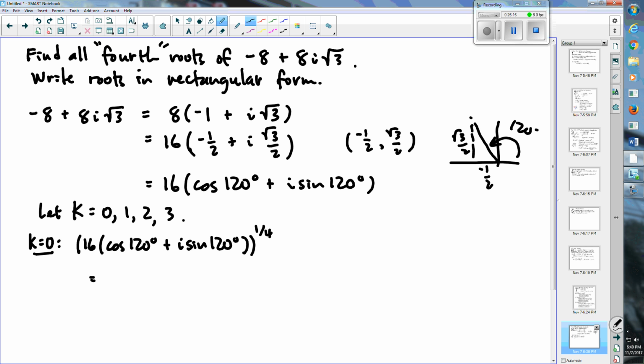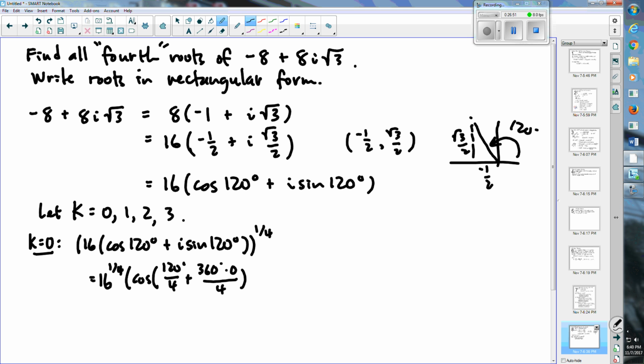Let's write this first as 16 to the 1/4 power, which is 2, times the cosine of 120 over 4 plus 360 degrees times 0, that's our k, over 4.